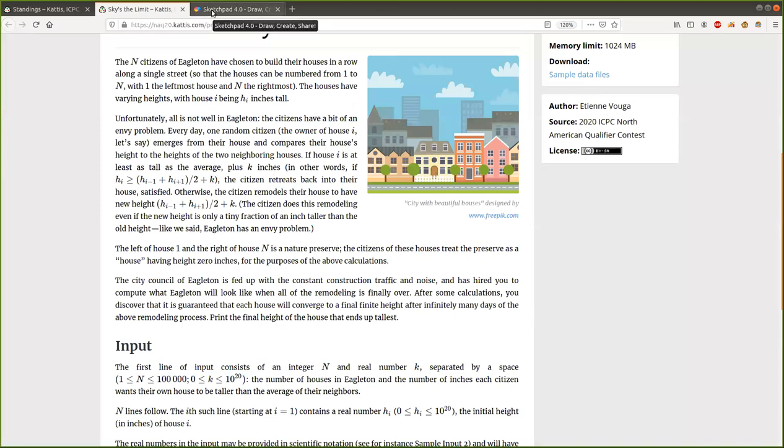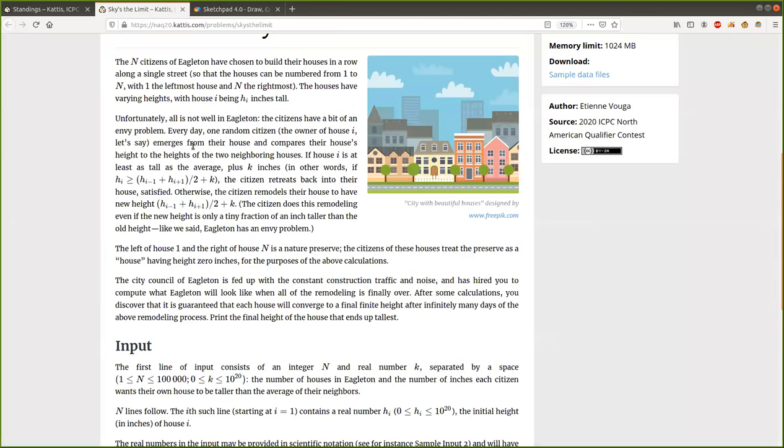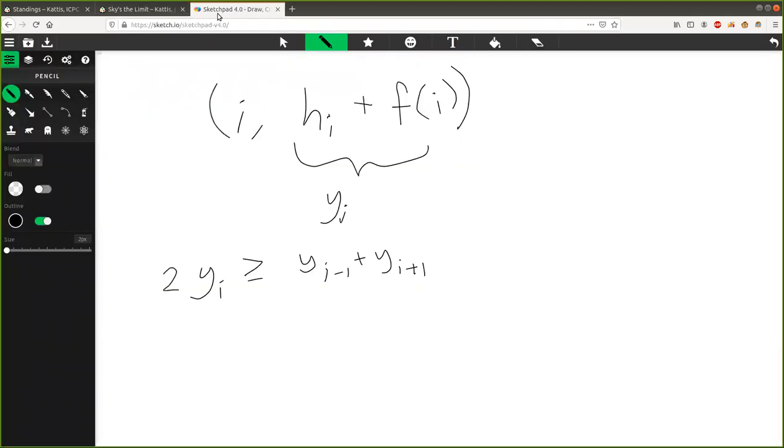So let's just see if we can make it work. What we want to hold is yi greater than or equal to yi minus 1 plus yi plus 1, over 2, exactly. Maybe I should do this reversed.